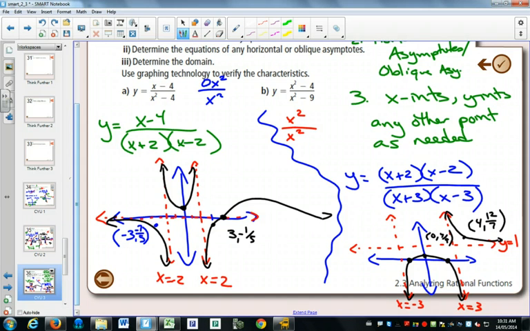And when I plug in negative 4, because it's squared, it'll come out to exactly the same thing. So the ones you can practice for this one are 9 and 10.